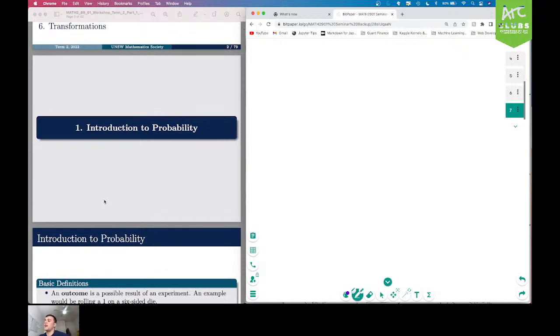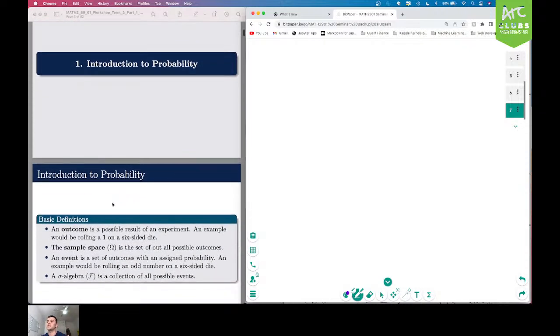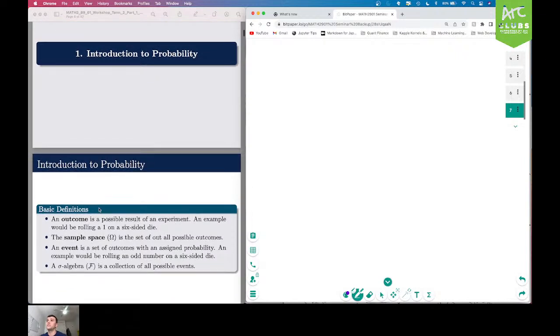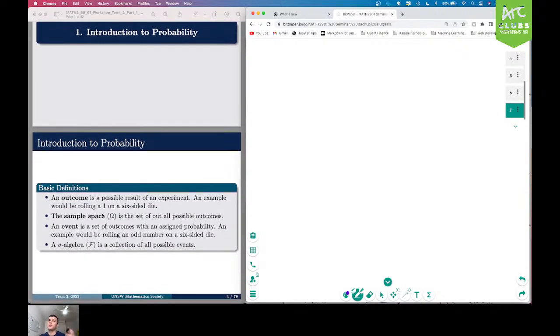So the first thing you would have covered in the lectures is an introduction to what probability is and some basic definitions. Here are some definitions that we won't go into in too much depth, especially because I believe Libo, the 2901 lecturer, mentioned that sigma algebras won't be in the exam, and 2801 doesn't cover it.